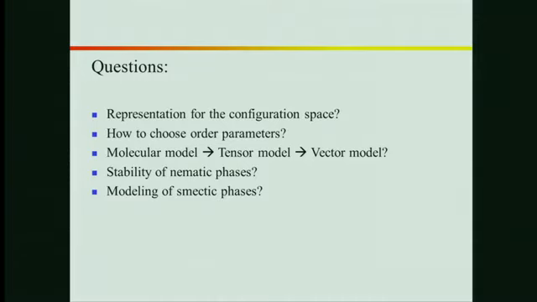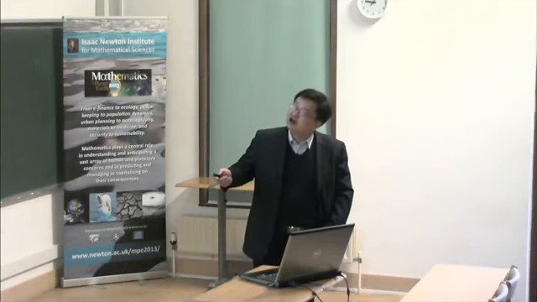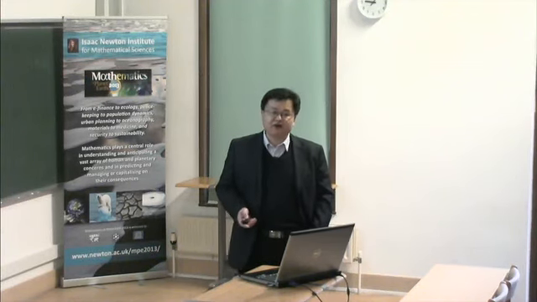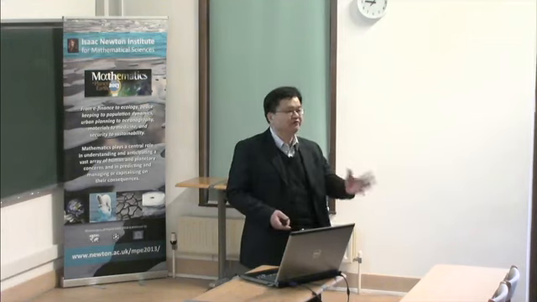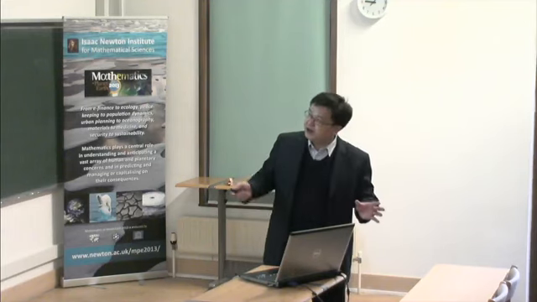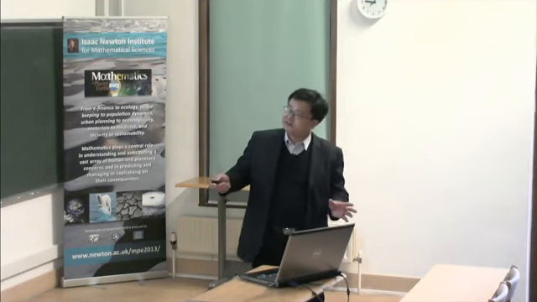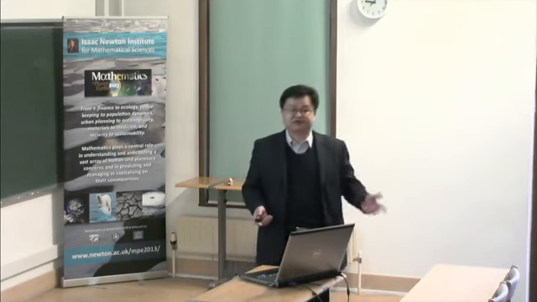We say this is the tensor model. What is the relation to the vector model? The vector model, like the Oseen-Frank model, we say this is the vector model. So when is the nematic phase stable? If we understand nematic stability, maybe we can understand the smectic phase. Because when the nematic phase loses stability, at that time it may go to the smectic phase.